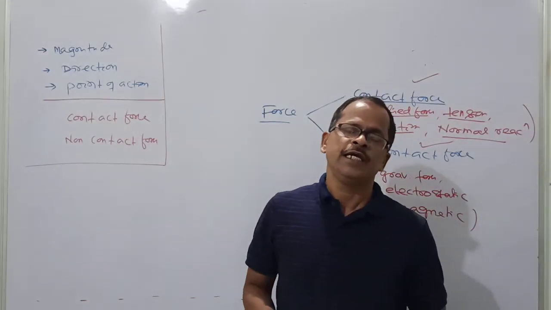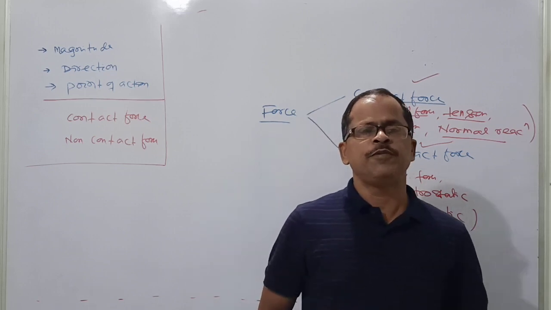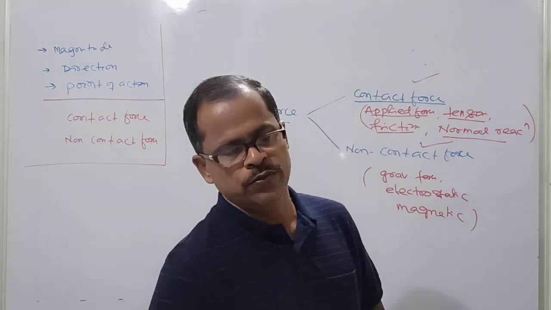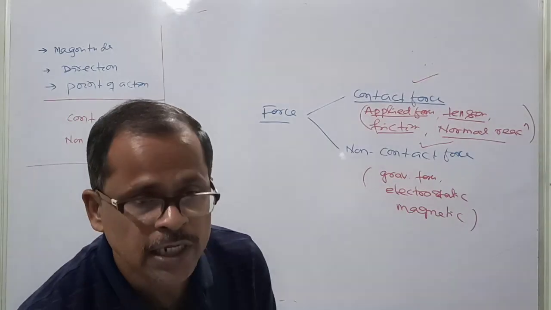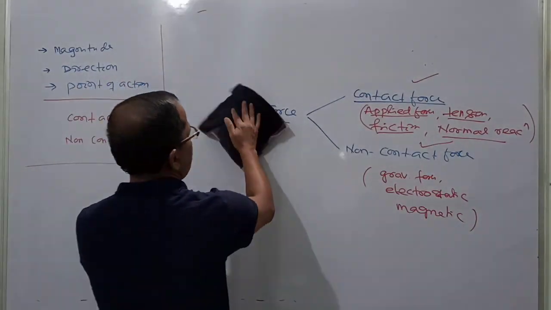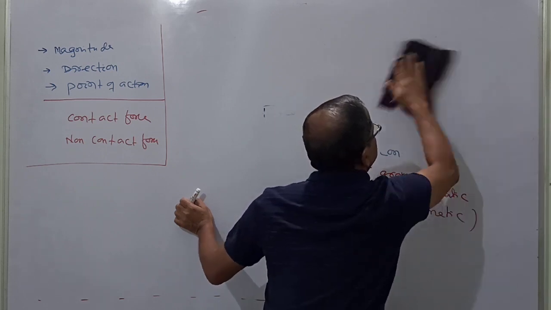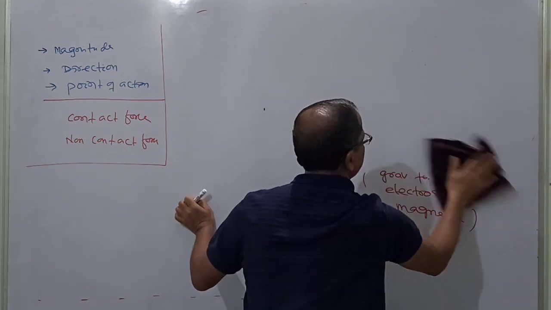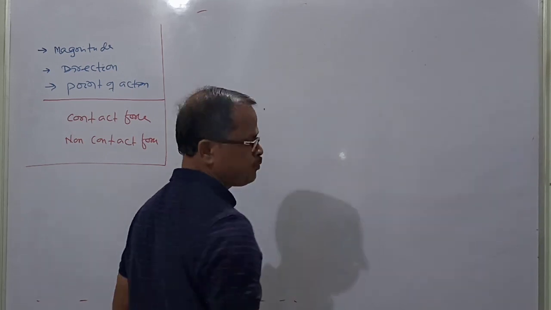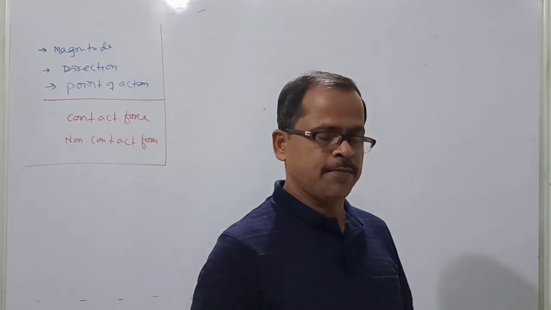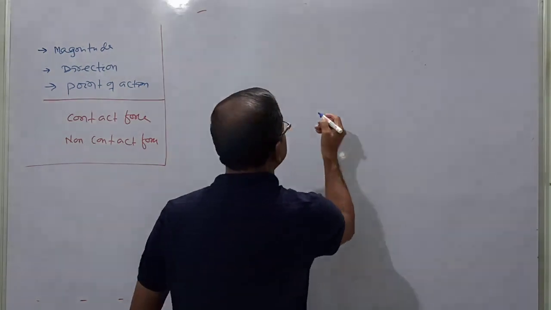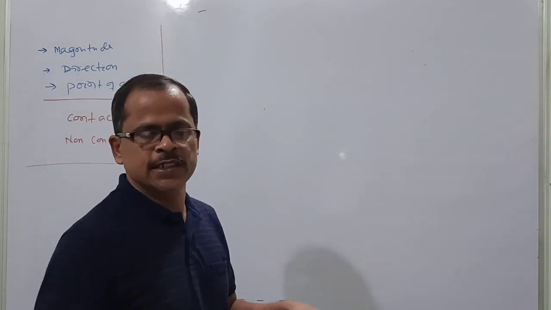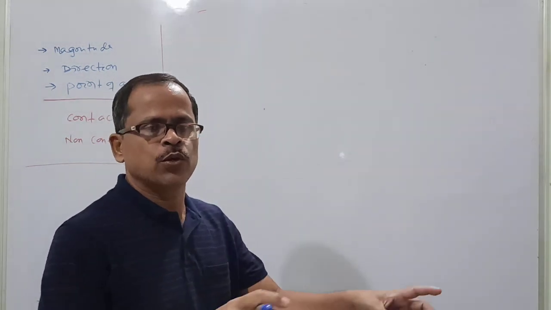So in a free body diagram, what are we going to do? What are the steps to draw a free body diagram? Please note them down. The first step is to isolate a body from a system. There may be a system of many objects, many bodies close together.